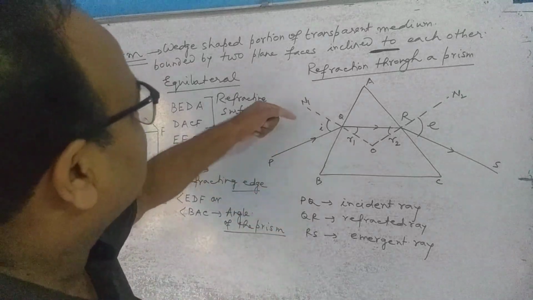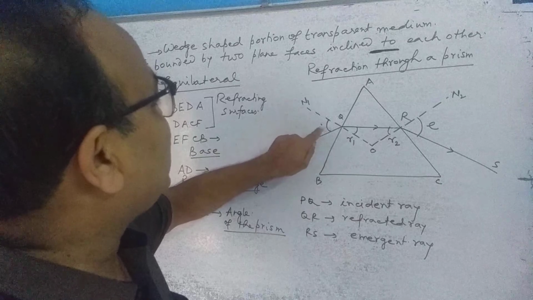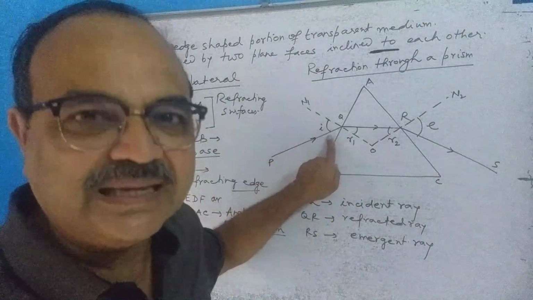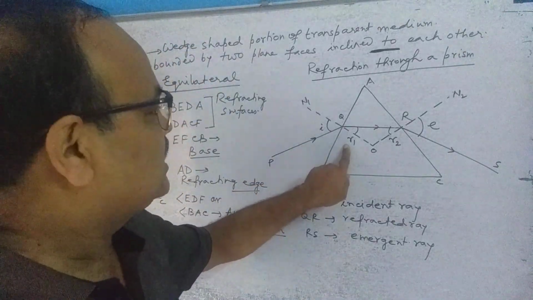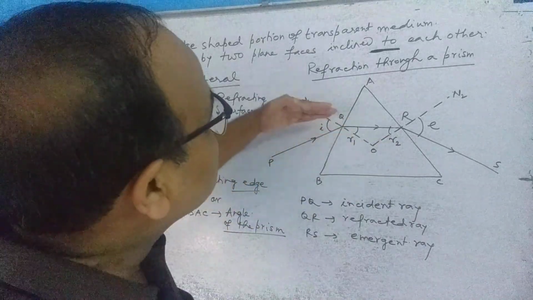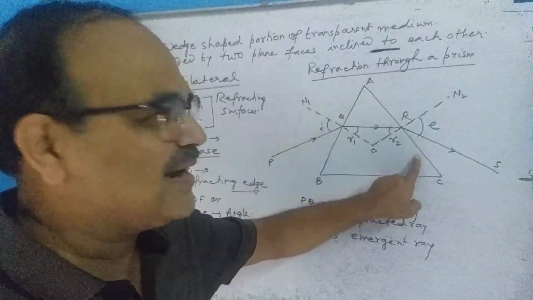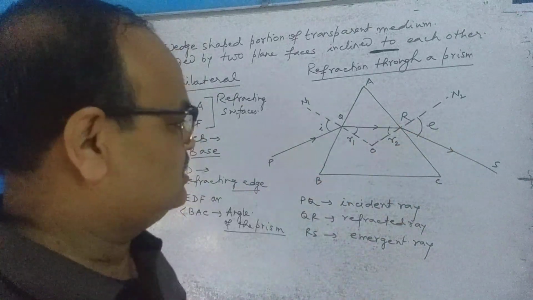The incident ray forms the angle i with the normal; that is called the angle of incidence. r1 is the angle of refraction. Now, r2 is the angle of incidence on the second refracting surface. And e is the angle of emergence.